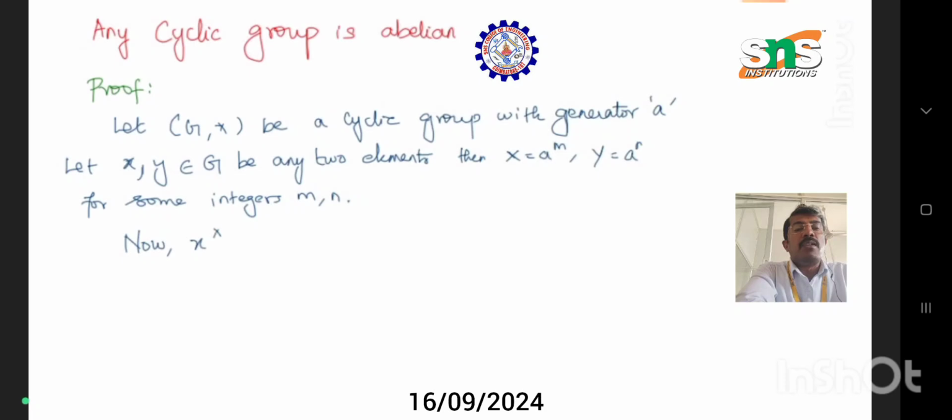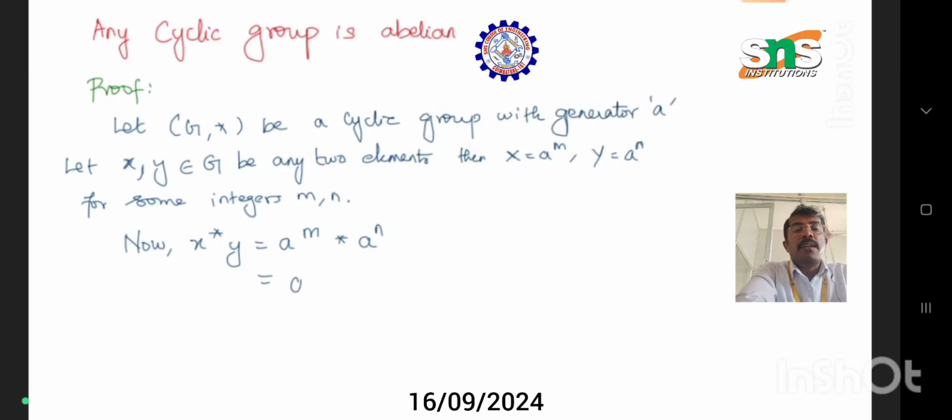We are choosing two elements from the cyclic group where m and n are some integers. That is the power of a, that is the generator a. Since the elements are taken from the cyclic group, we write in the format of generator type. That is why we write a power m and a power n for the elements x and y.